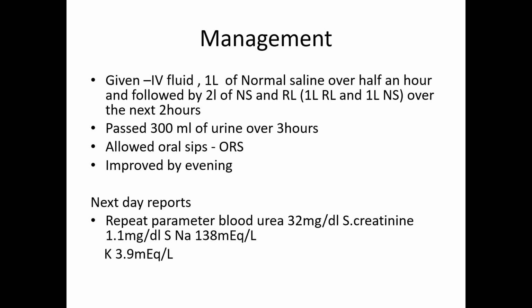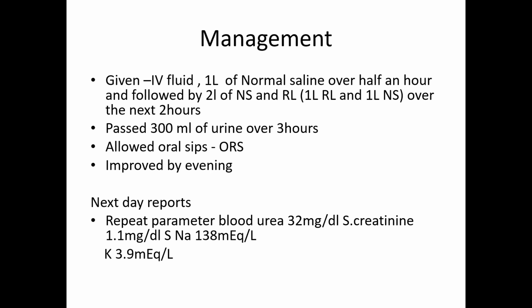What did we do in the emergency? We gave 1 liter of normal saline over half an hour, and then gave it at the rate of 1 liter per hour, so in total we gave 3 liters in 3 hours. His urine output over these 3 hours was noted to be 100 ml per hour, so it is good urine output. His vomiting stopped, so he was allowed to have oral sips.